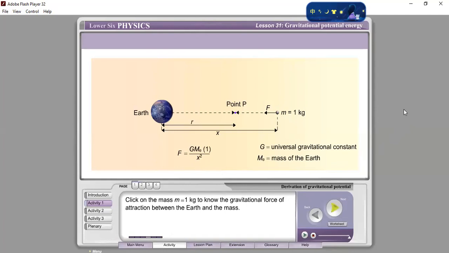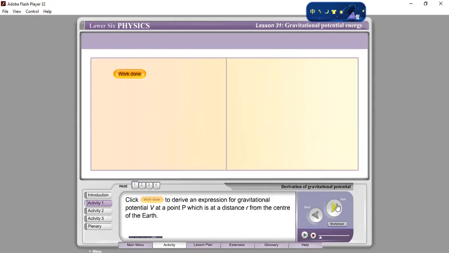In the previous lesson we learned that F equals G mE m over x squared, where x is the distance from the center of the Earth to the center of the object. Use the work done to derive an expression for gravitational potential V at a point P, which is at a distance R from the center of the Earth.